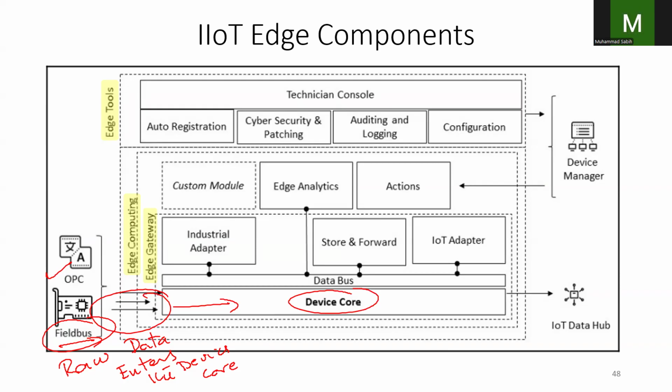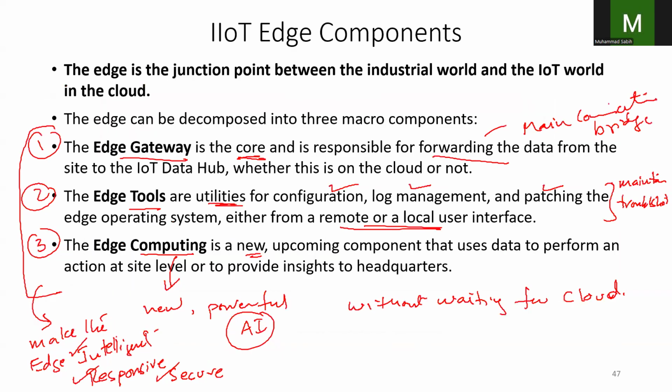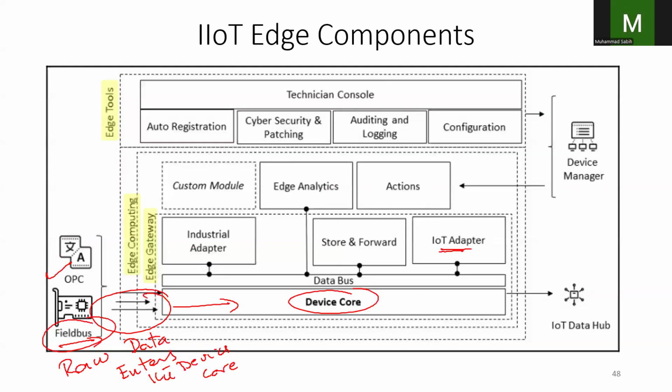And the edge gateway handles the protocol adaptation. So there is this IoT gateway, and we have the IoT adapter here.